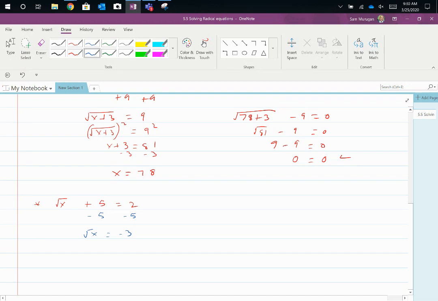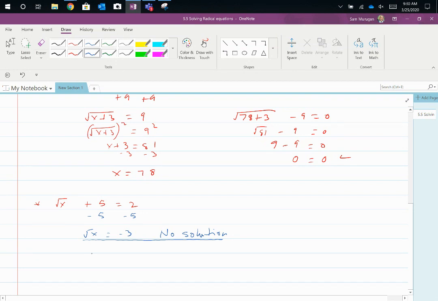Now remember that the square root of any number cannot be a negative number, so this has no solution. No solution. Okay.